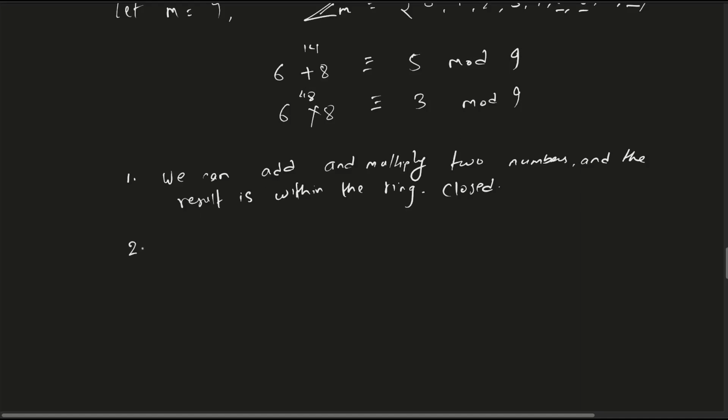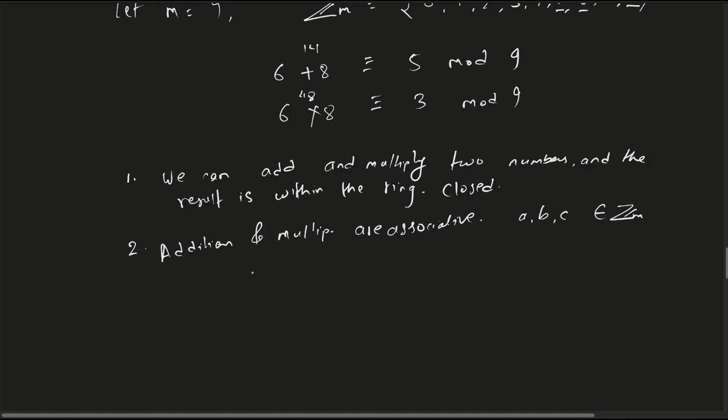Another one is the property of associativity. Both addition and multiplication are associative. What it means is, given that we have A, B, and C, let's assume that they fall within the ring.